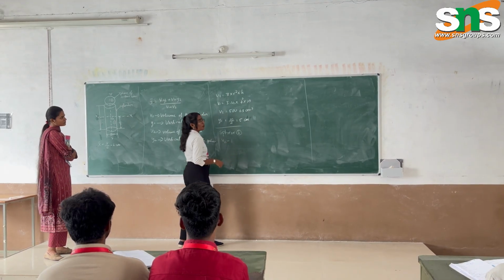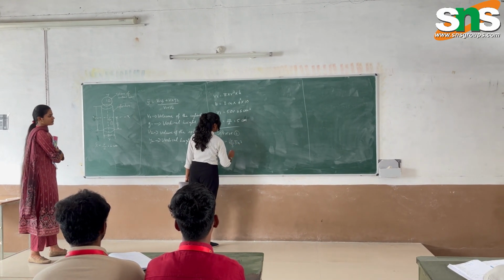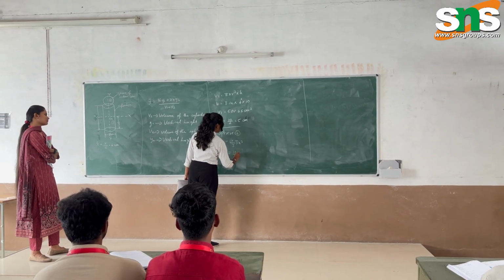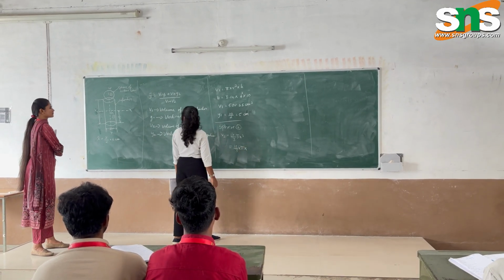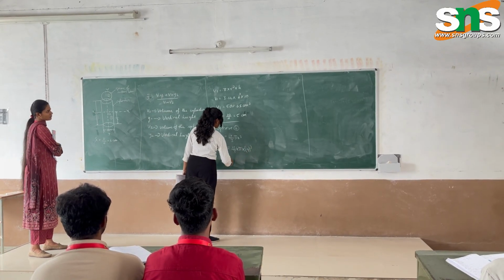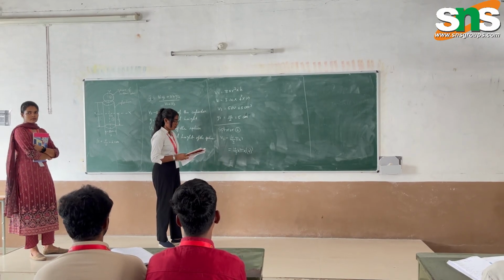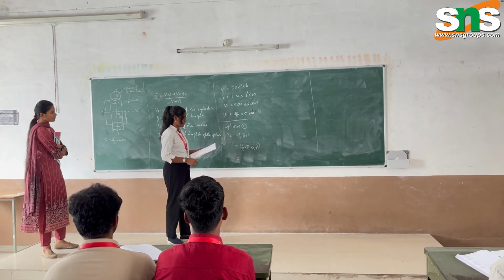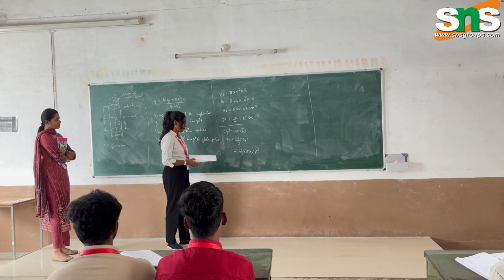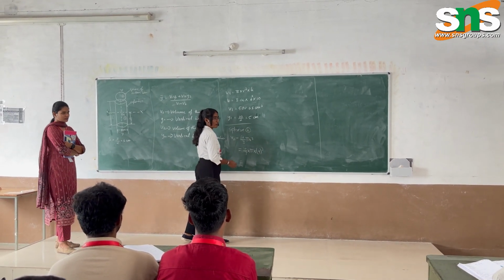As we all know, the volume of the sphere is 4 by 3 pi r cubed. So 4 by 3 into pi, and the r value is given as 4, so 4 cubed. Can you calculate it also?